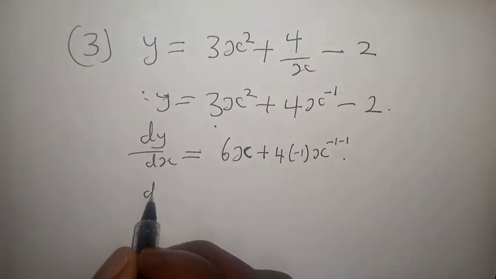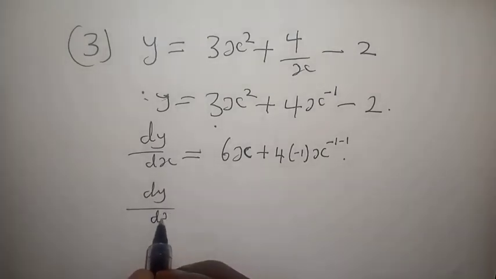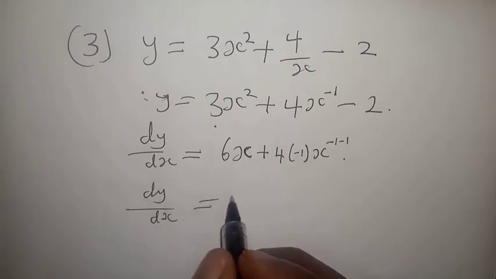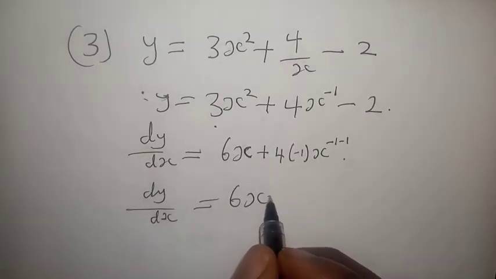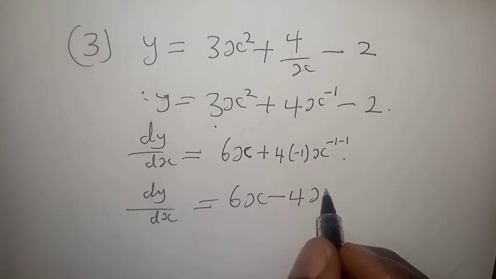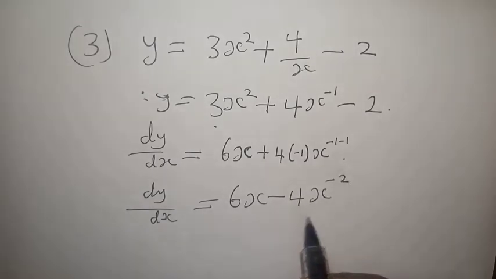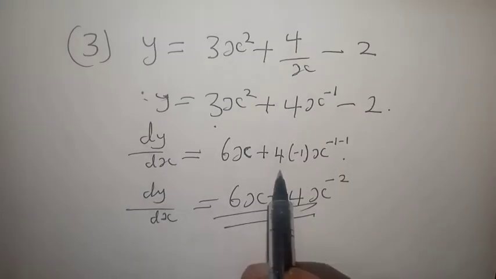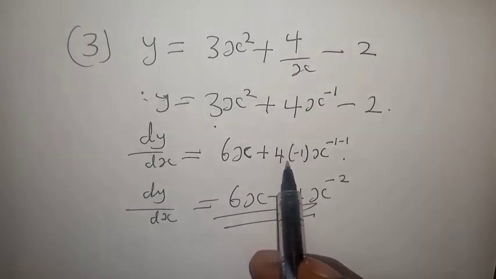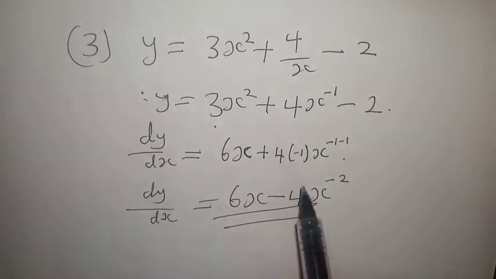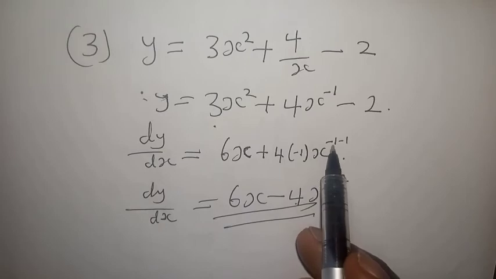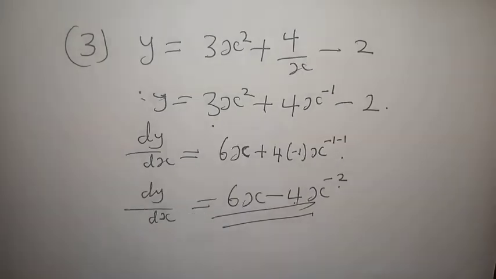We have dy/dx equal to 6x minus 4x raised to the power minus 2. Answer. That is, minus 1 times 4 is equal to minus 4. Then x raised to the power minus 1 minus 1 is minus 2.